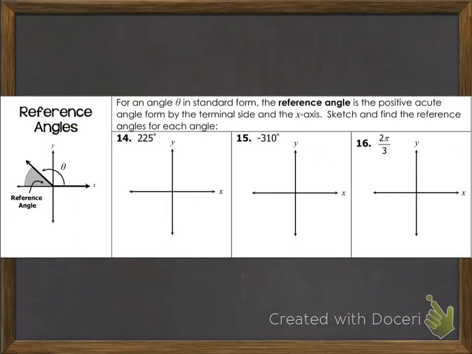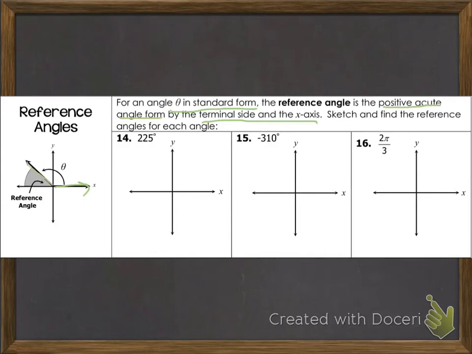A reference angle is an angle theta that's in standard form, so we're starting at this initial ray. The reference angle is the positive acute angle that is formed by the terminal side and the x-axis.